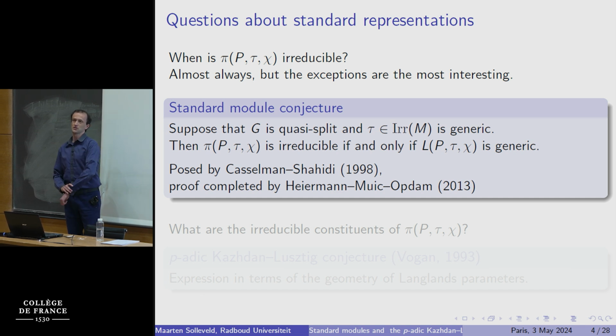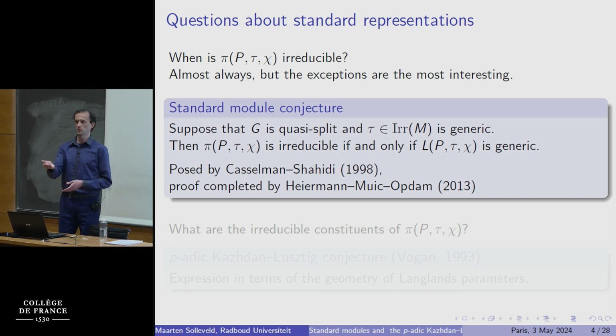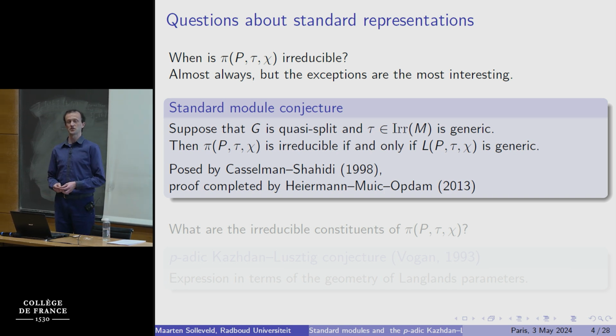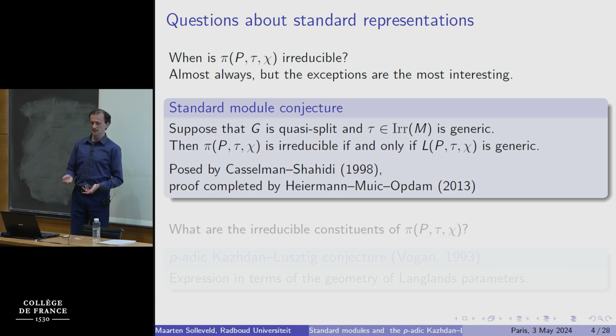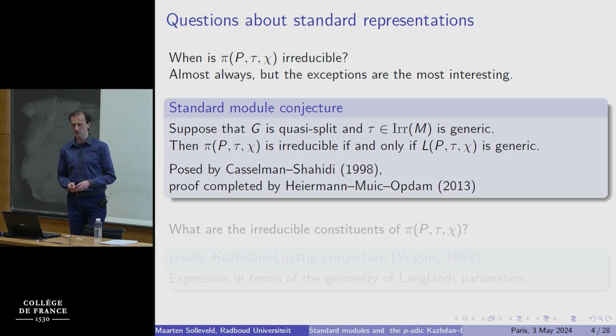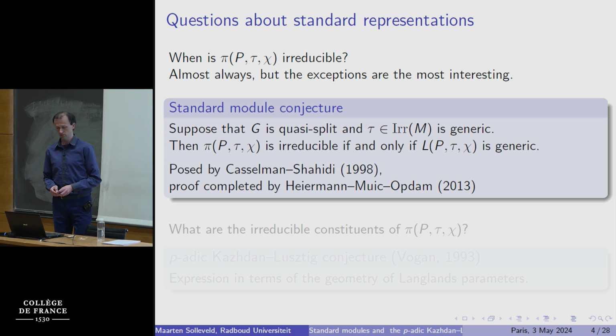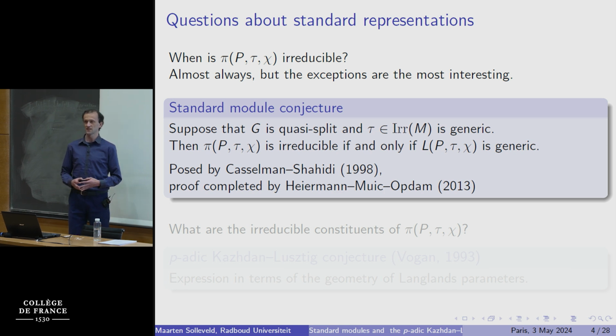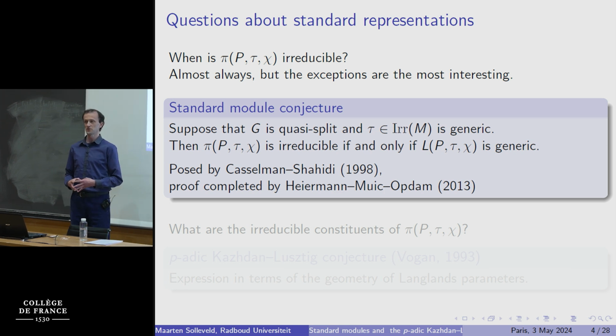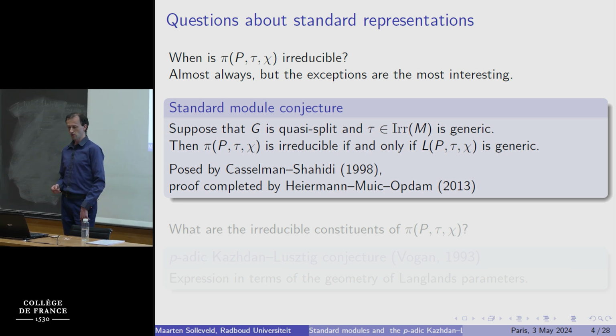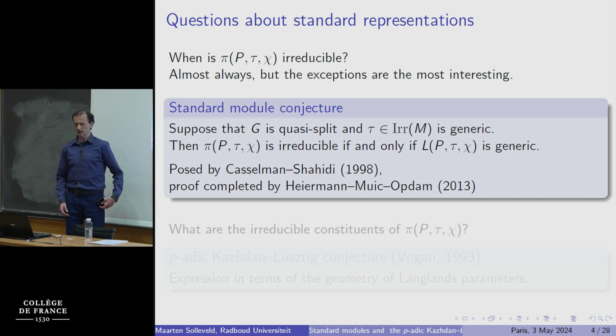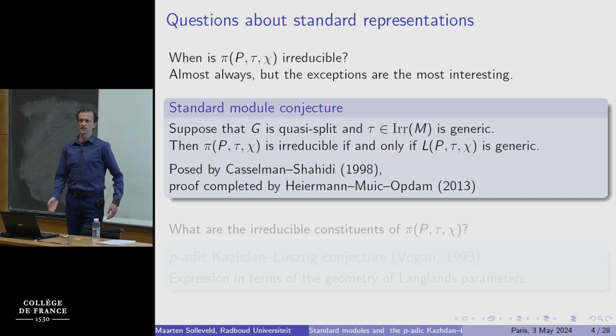People have asked various questions about this reducibility of standard representations, and one of these conjectures was called the standard module conjecture. It applied in a more specific situation where the group was a quasi-split reductive group and the tempered representation from which you started was a generic representation. It was conjectured quite a long time ago by Casselman and Shahidi that this standard representation is irreducible if and only if the Langlands quotient that you build from it is generic.